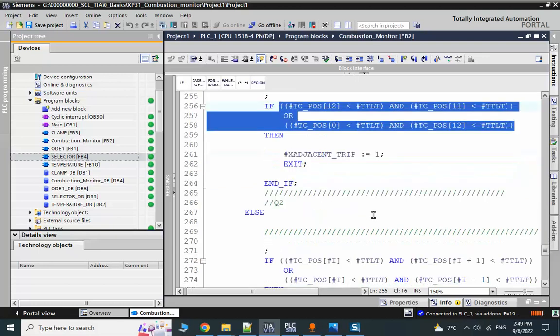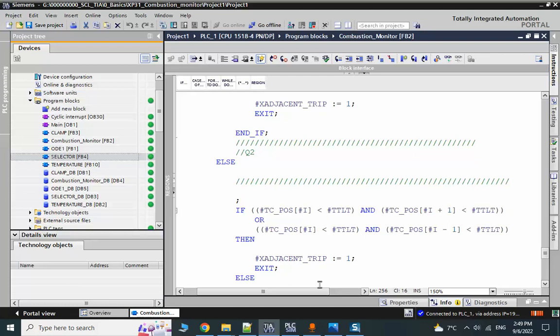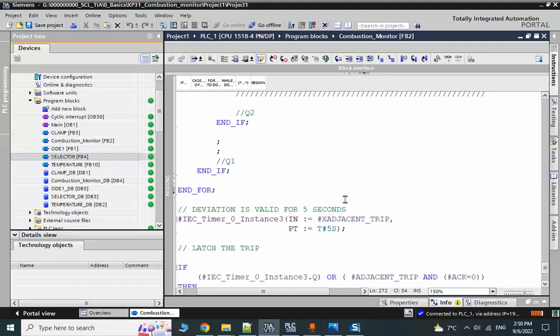Enable the trip, and if it's in the middle and not in the boundary, similar to previous, we only change the limit here. If we are less than the low trip signal, we enable the adjacent trip signal and we exit this loop.